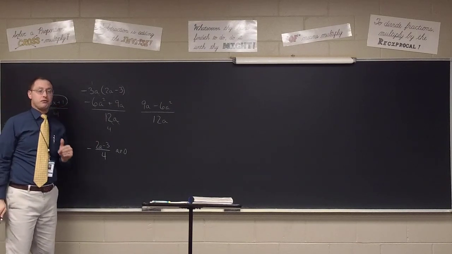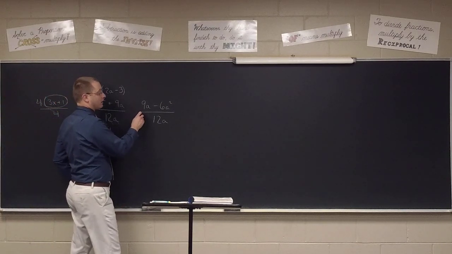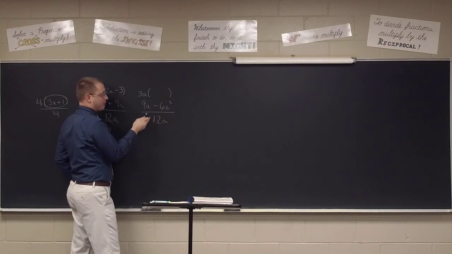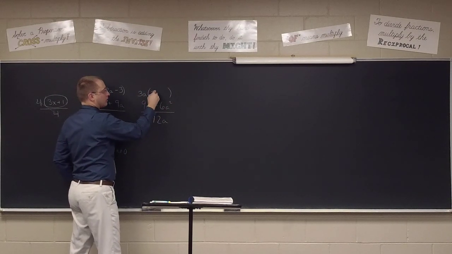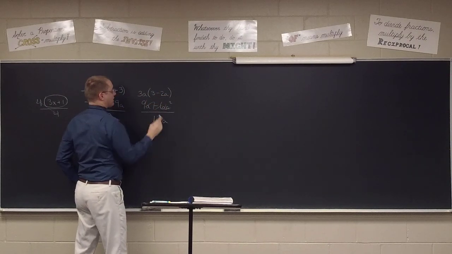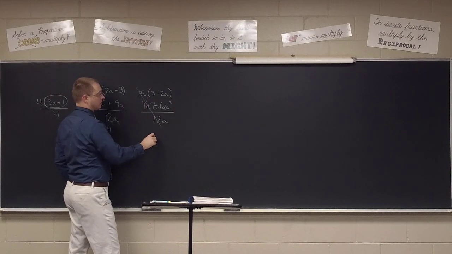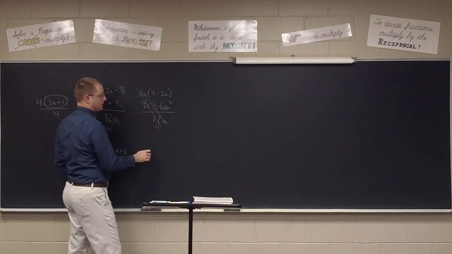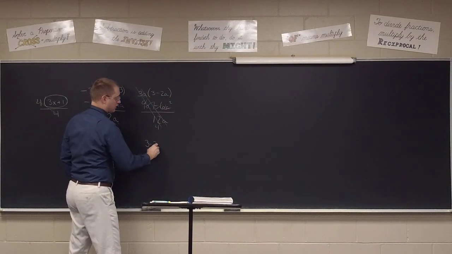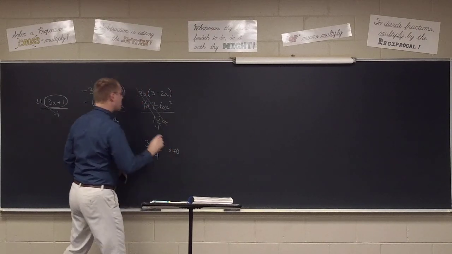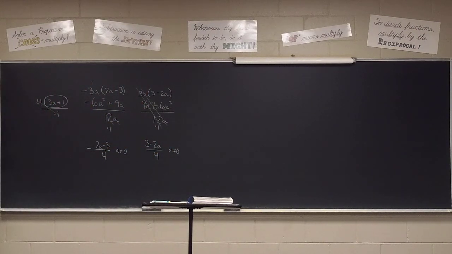But I should still factor out a 3a, even if it's not a negative, to leave me with... And then still I can cancel away the... So either one of these answers would be correct. It just depends on how you wanted to express it. But again, look for opportunities to reduce.